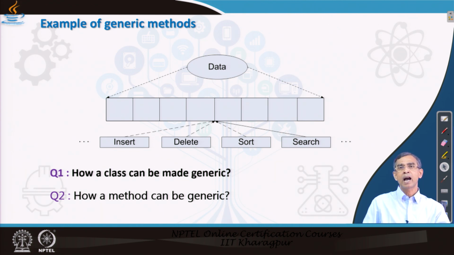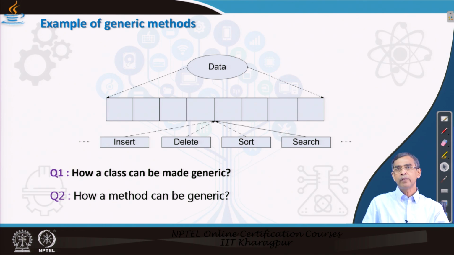I have mentioned here how to insert new data into it, how to delete data from it, how to sort the data, or how to search for a particular data. Here, we can write different methods to perform all these operations: insert, delete, sort and search. But those methods, we have to rewrite them, as they depend on the type of data.